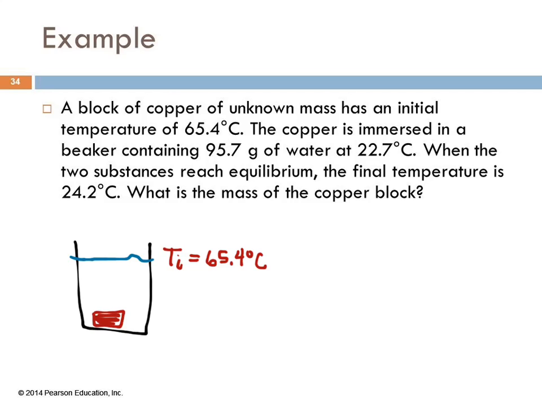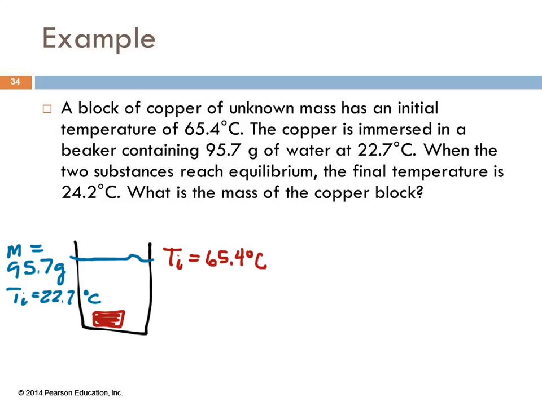It's immersed in a beaker, and it's giving us the mass of water. So I'm going to write the mass of the water over here. Mass equals 95.7 grams. The water was at 22.7. That's the initial temperature for the water, 22.7.